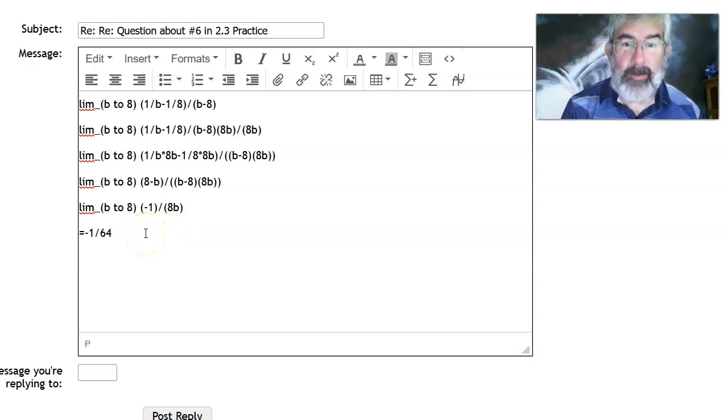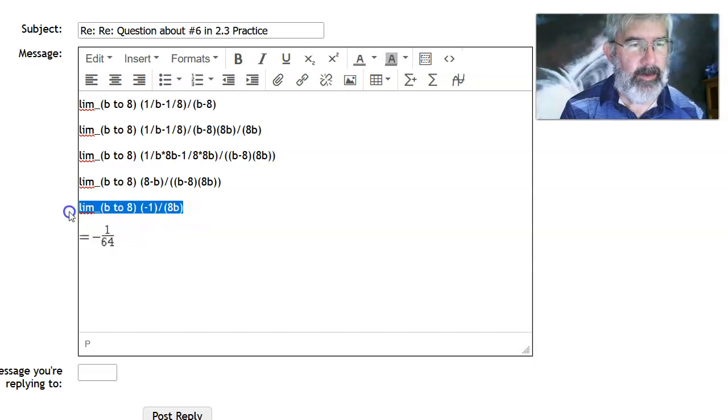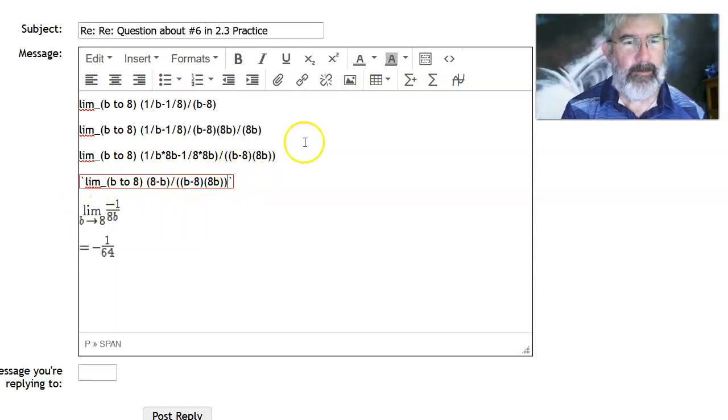And now that I'm all done with the calculation, I go back generally from the bottom to the top and say, put that in math mode, put that in math mode, put that in math mode.